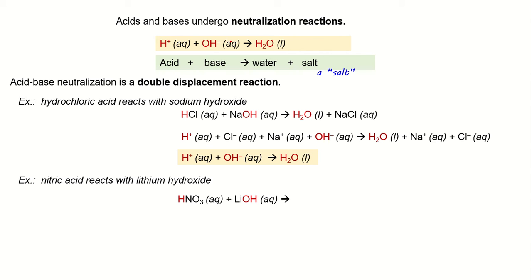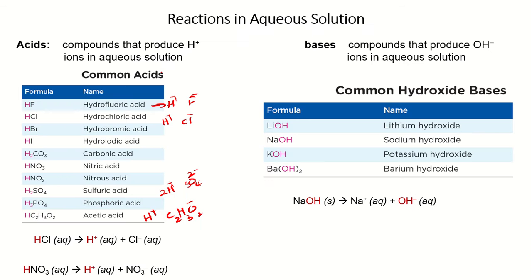H plus combines with OH minus and forms water. And if you notice in the previous equation, in the acids, it's not just H that is coming from the acid, we have this anion as well. Some sort of an anion. It can be a chloride, it can be a nitrate or an acetate.